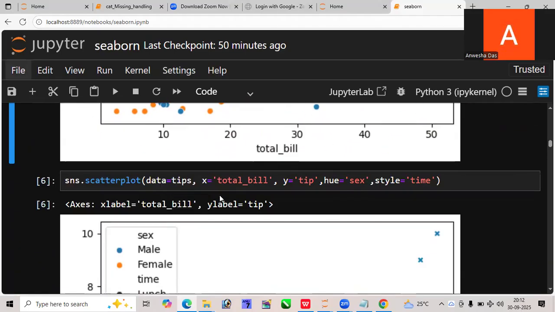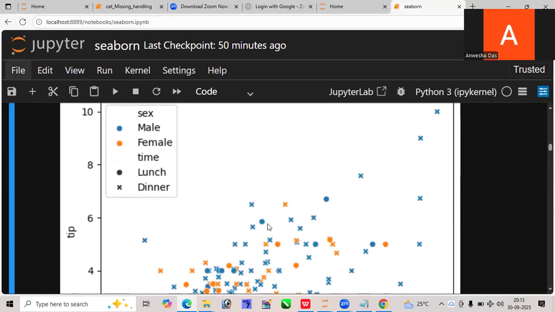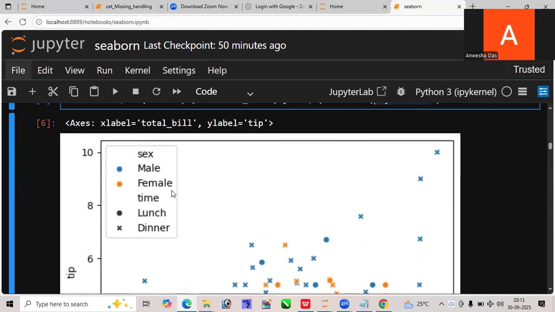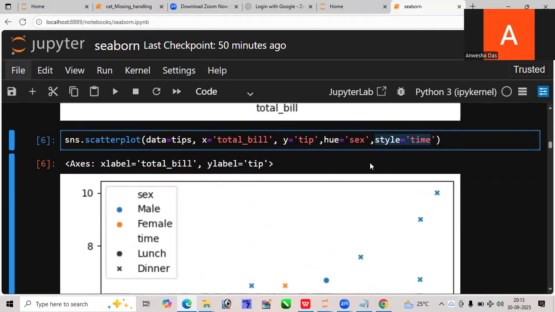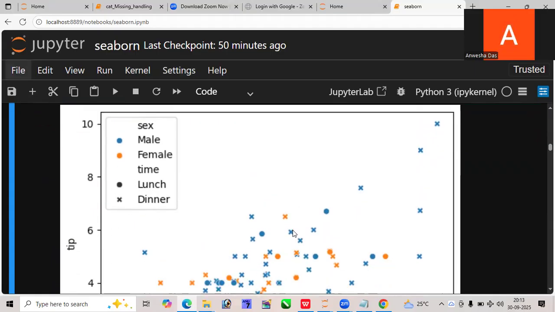Now here I have written another code and I have passed style equal to time. Time means lunch and dinner. And style means, see here, the round sign means lunch and the cross sign means dinner.